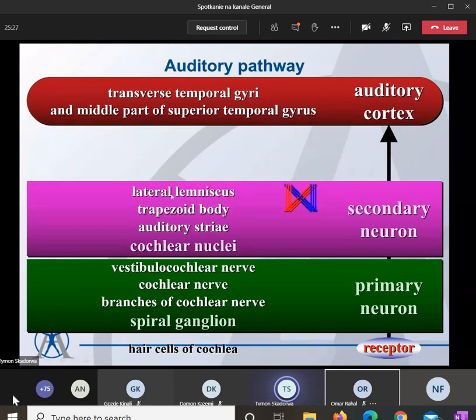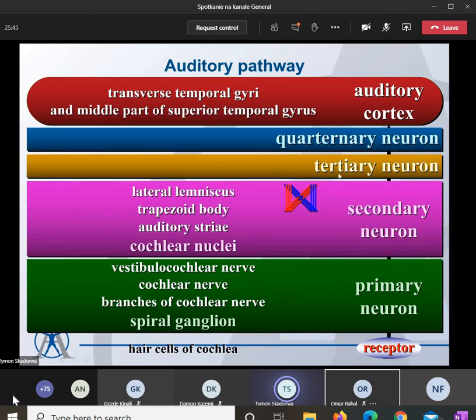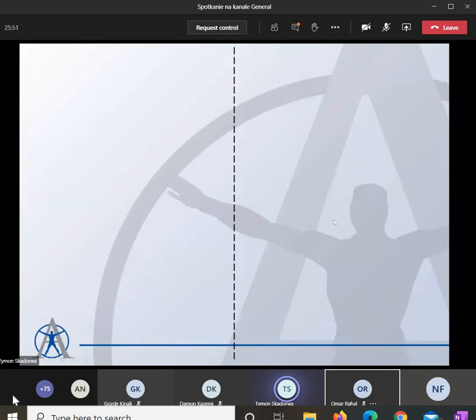Trapezoid body and the lateral lemniscus, which is a band of fibers that actually ends the secondary neuron. Now, the lateral lemniscus ascends up because we need to reach the transverse temporal gyri somehow, but we still have 2 other neurons. But before we go to the tertiary and quaternary neuron, let's have a look graphically how it is.